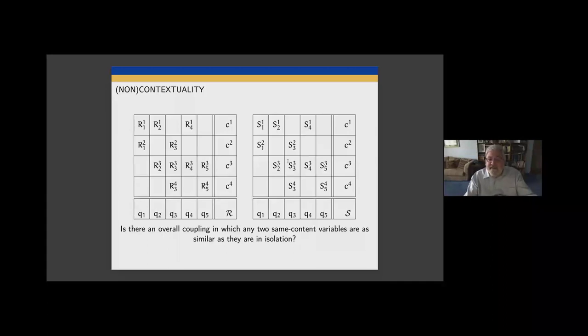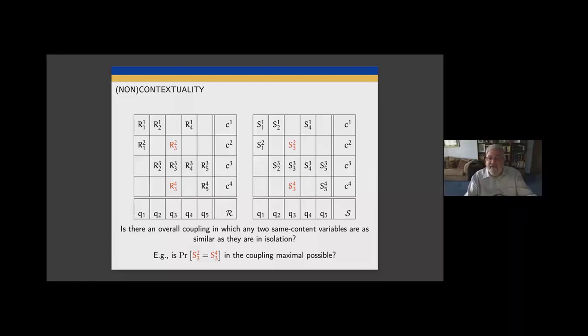is there a coupling or some couplings in which any two same content random variables are as similar as they are in isolation? So for example, you take these two random variables again. These are the two copies of these two random variables. And within this overall coupling, there is some probability with which they coincide.